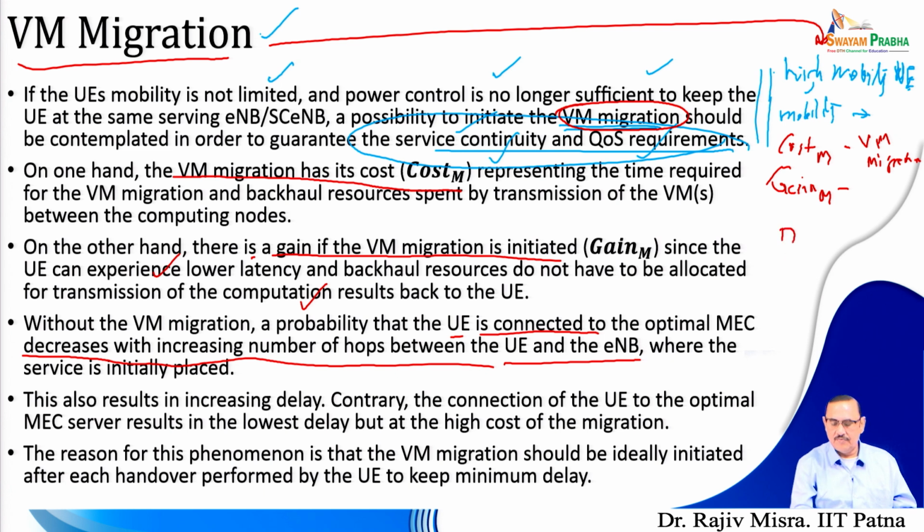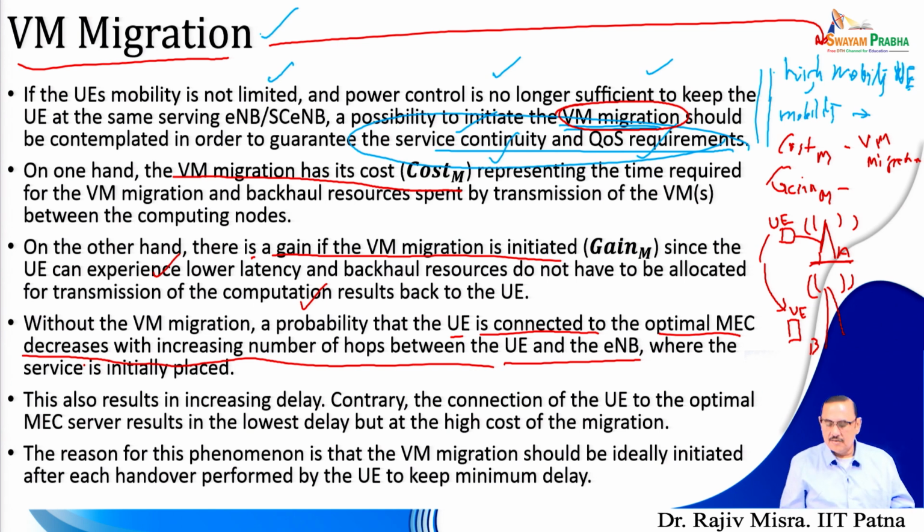So, take this particular example, that if the user equipment is moving to another location and the serving base station vicinity is now changing from SCENB A to SCENB B. So, continuing here, serving from A will no longer be the optimal if it is still connected to the same SCENB A without the migration.